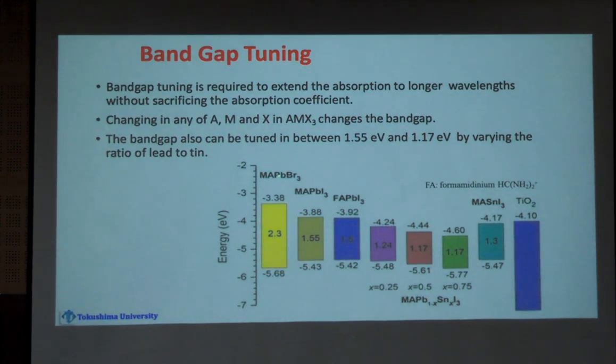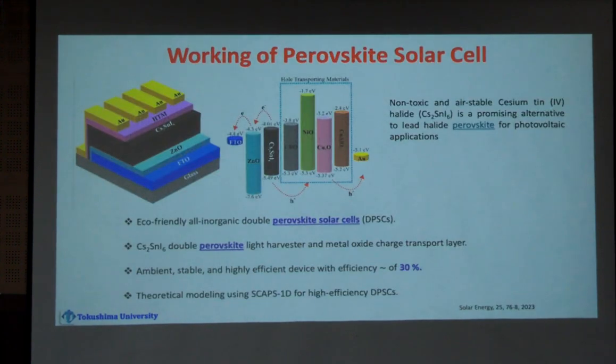That ratio can be varied, and we can change the band gap. If you change the band gap, the performance will also be affected. This is the working principle of a perovskite solar cell. There are glass substrate, FTO, zinc oxide, and whatever material you can add here, and then after choosing the perovskite material, the solar cell is ready for application.